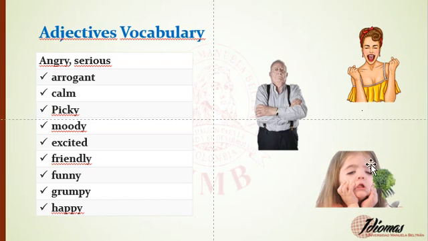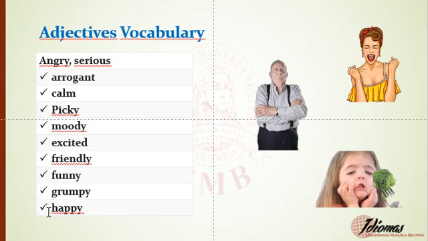For today's session, session 6B, we have angry, serious, arrogant, calm, picky, moody, excited, friendly, funny, grumpy, and happy. Cheerful, for example, would be a synonym for happy.